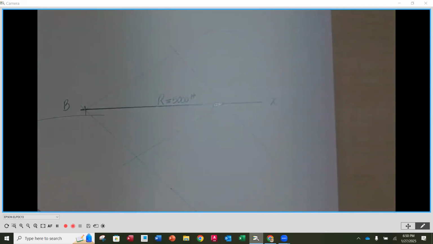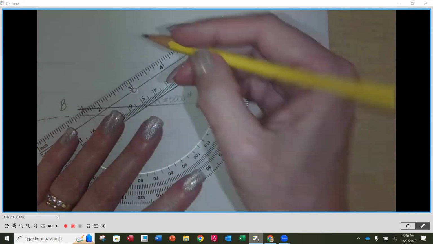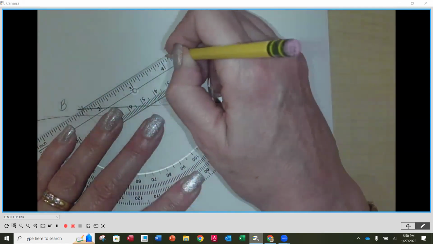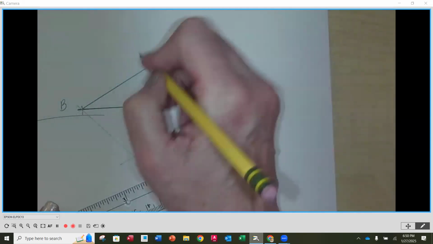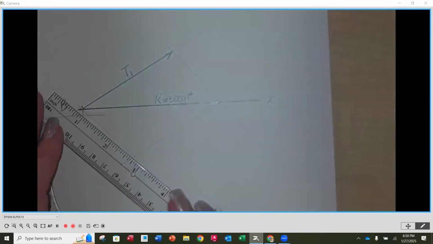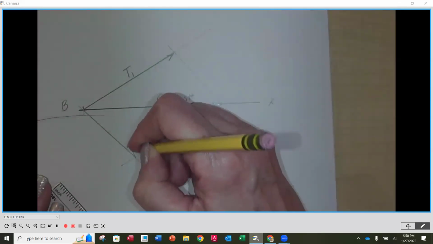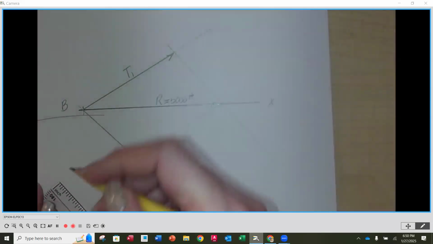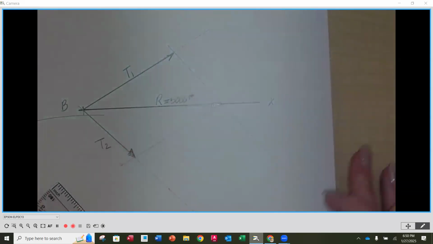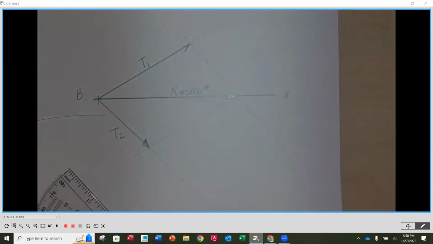Okay. And where I created those two intersections, this is going to be my T1, and this is going to be my T2. Now, if you drew the 5,000 to scale, you would be able to check that with the math that we do and see how close you were for T1 and T2. I should have done that.